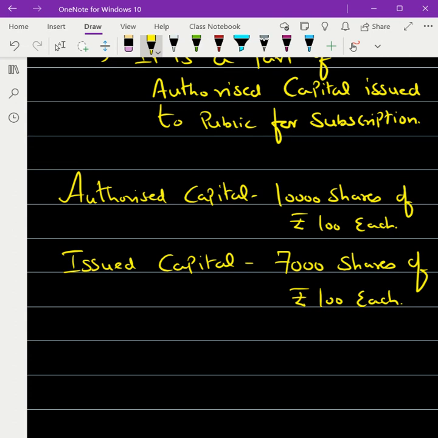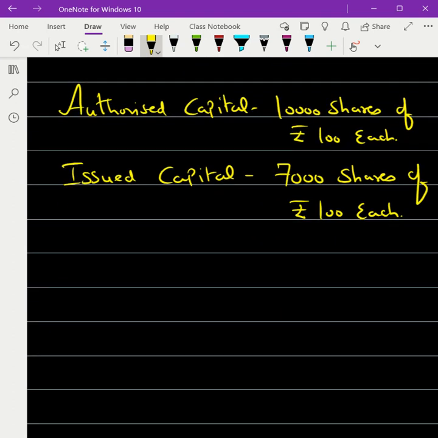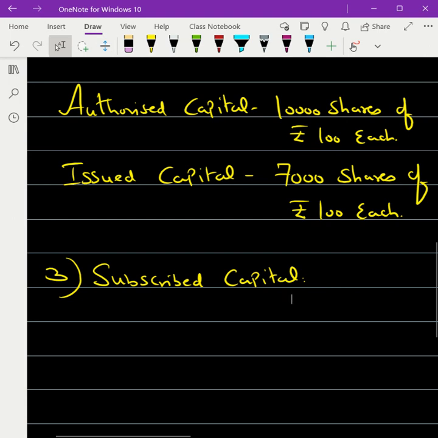Is this clear to you? Okay. The third concept is subscribed capital. Subscribed capital refers to that part of issued capital which has been applied for and also allotted by the company.